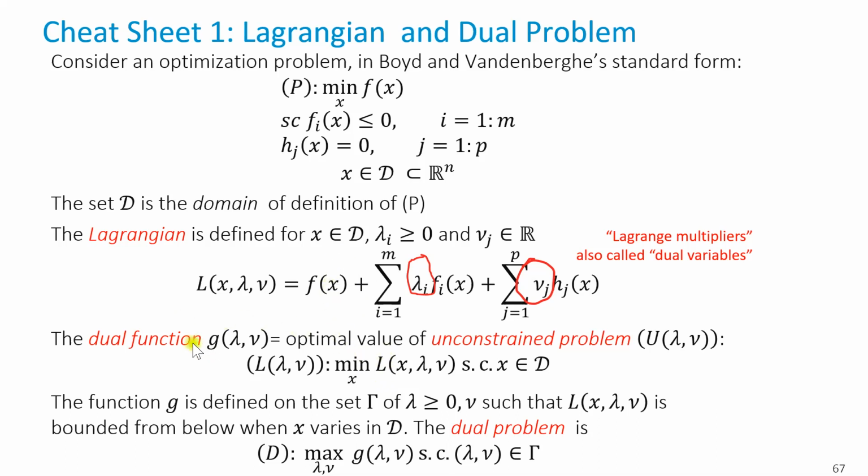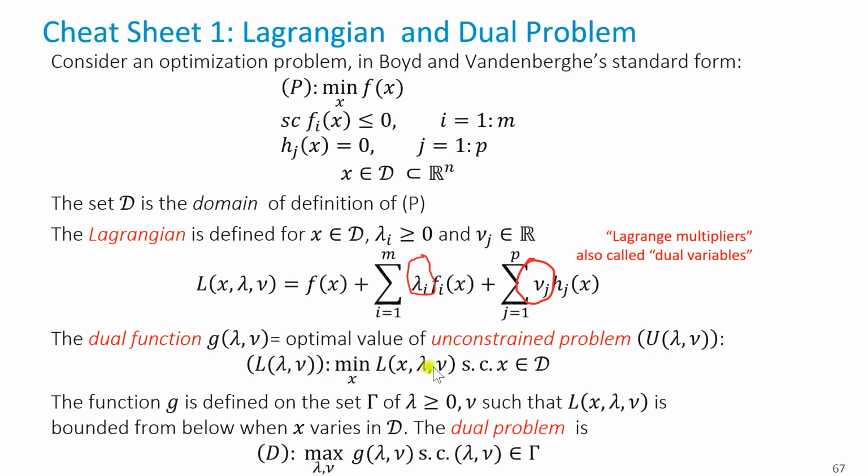The dual function is a function of the Lagrange multipliers, the function g is defined as the optimum value of this problem here.